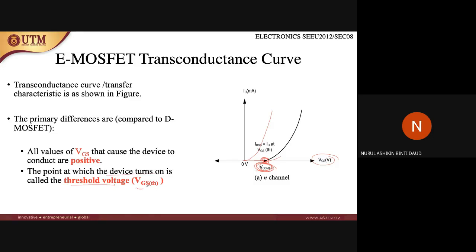In some books, VGS threshold is represented as VTH, which also refers to the gate source threshold voltage. It can be either one: sometimes VGS threshold, sometimes VTH, depending on which book you refer to.